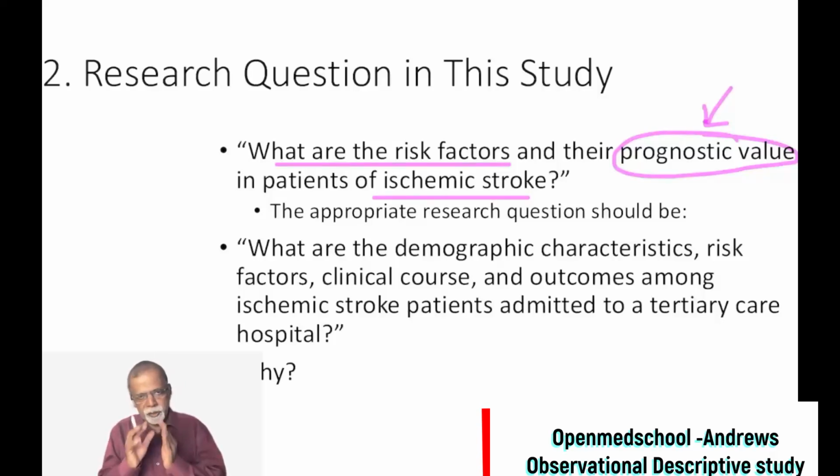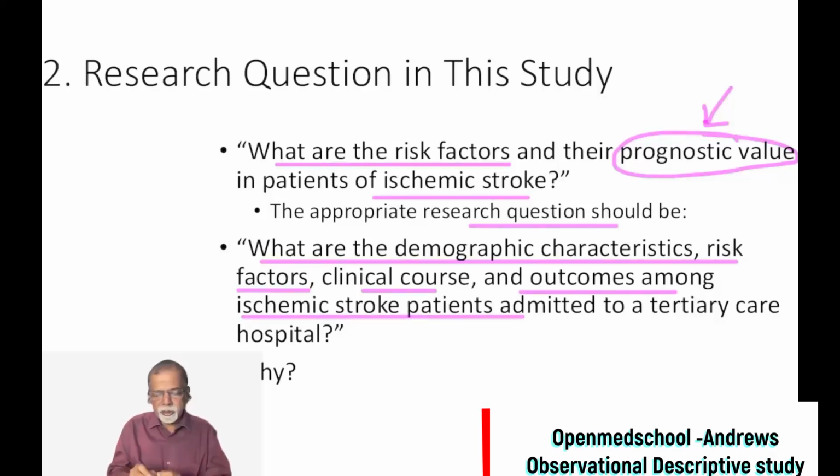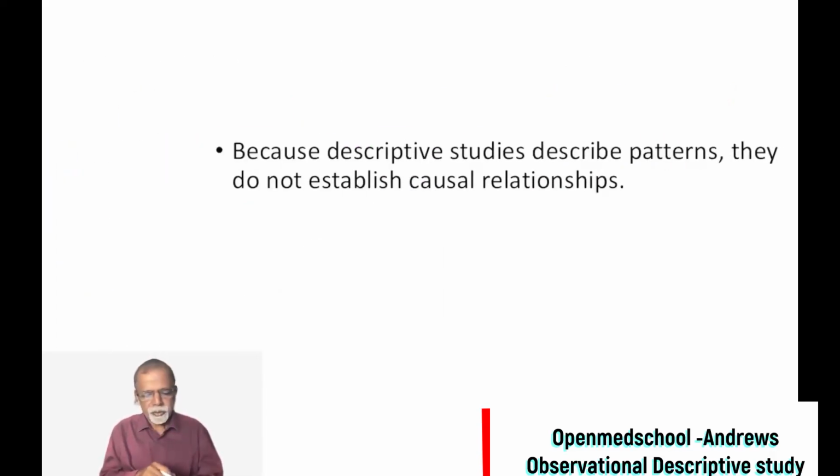So as per the study title, the research question is what are the demographic characteristics, risk factors, clinical course, and outcome among ischemic stroke patients admitted to a tertiary care center. That is an ideal research question.